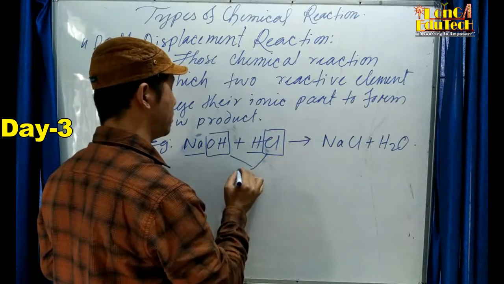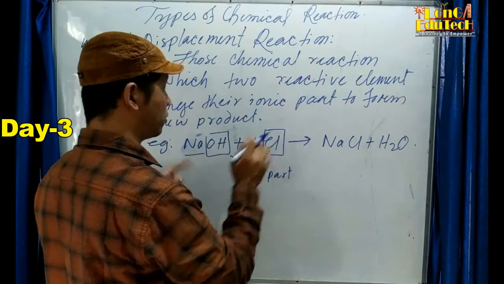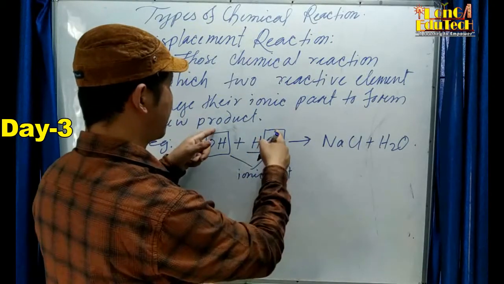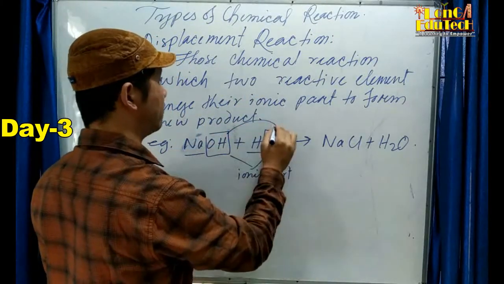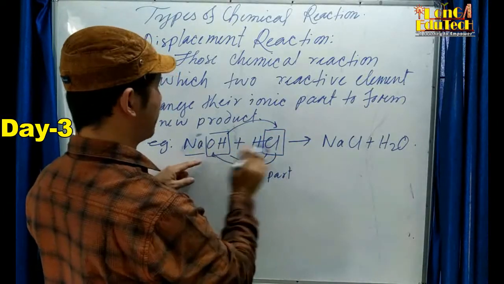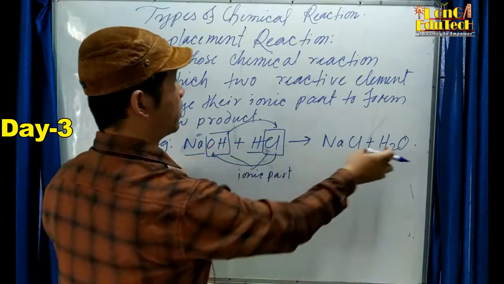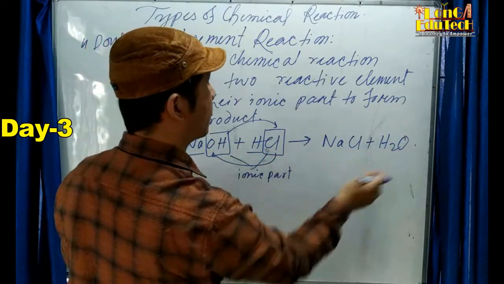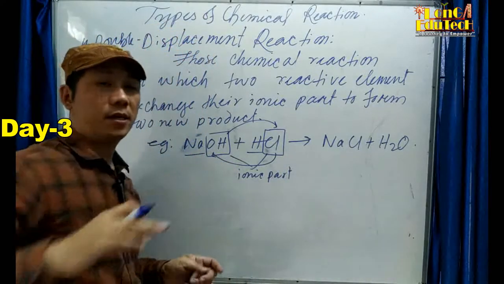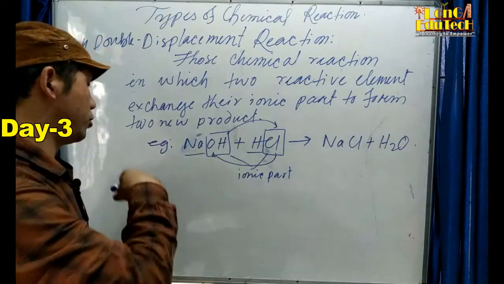According to the definition, the ionic parts exchange. This comes here, this goes there, so we get sodium chloride and H2O. Now water is formed. Such chemical equations are called double displacement reactions.